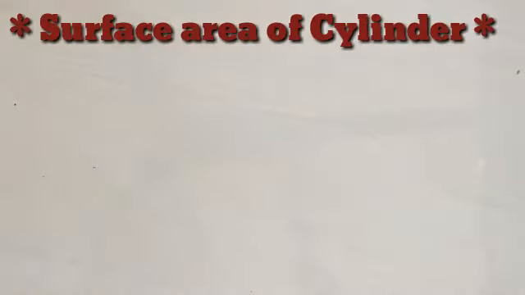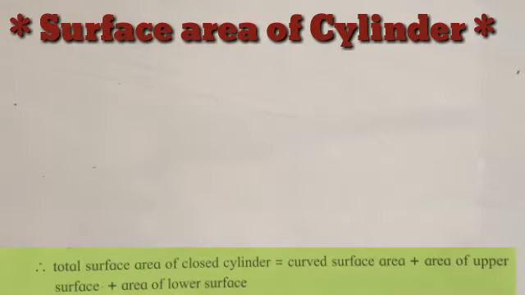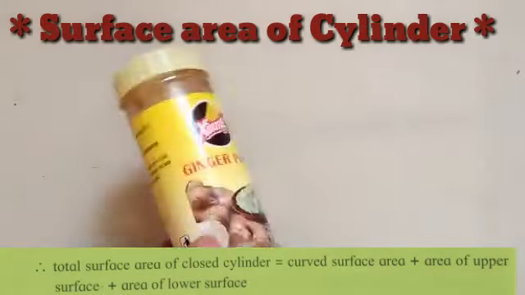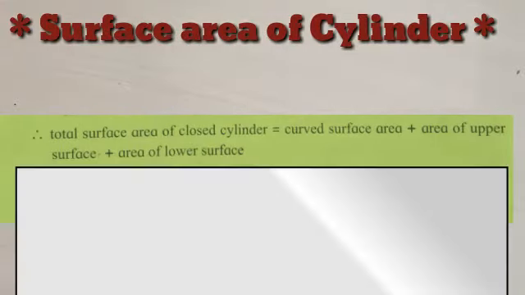From this information we can find the area of the total container. Therefore, the total surface area of a closed cylinder is equal to curved surface area plus area of upper surface plus area of lower surface.